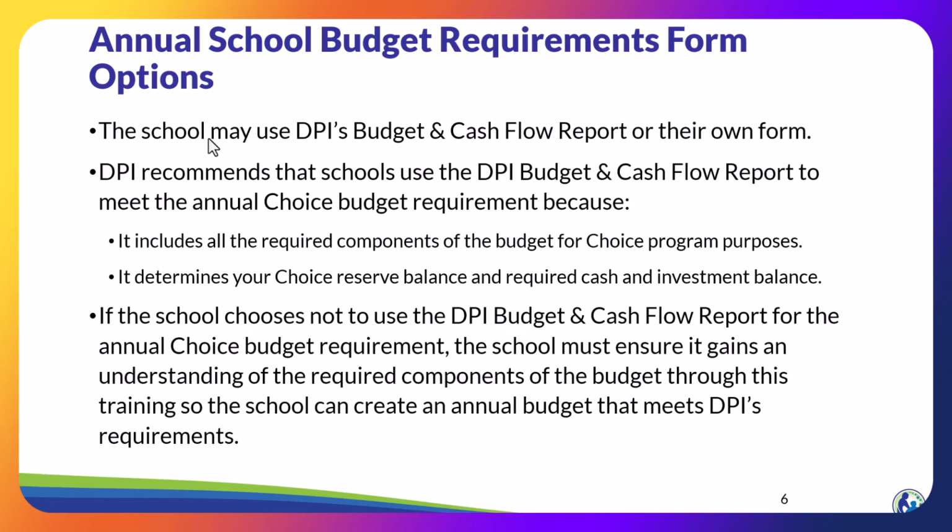This form is recommended as it includes all the required components of the budget and calculates your choice reserve balance. The choice reserve balance is the difference between what the school received from the choice program and the school's net eligible education expense for choice program pupils.